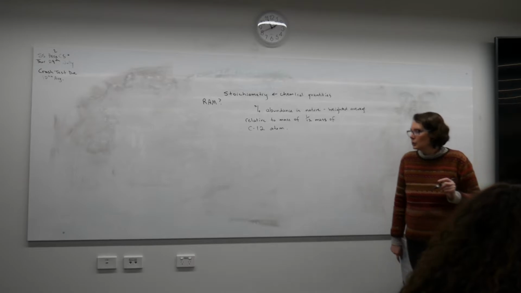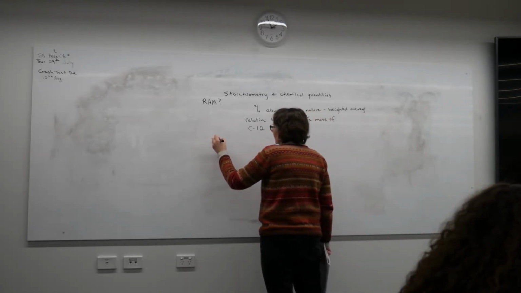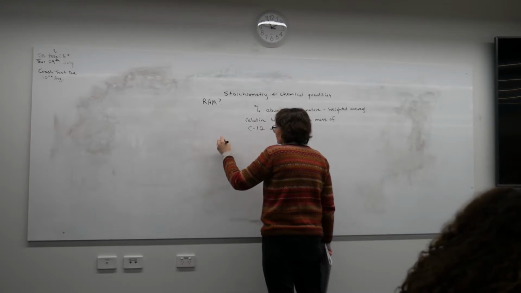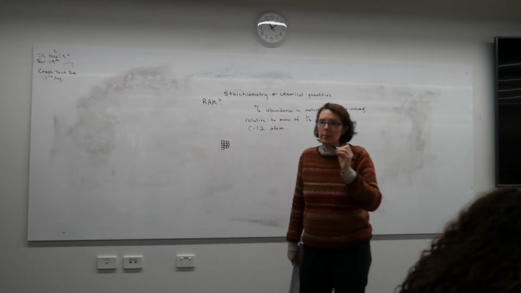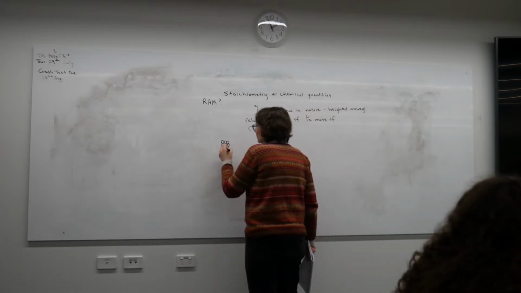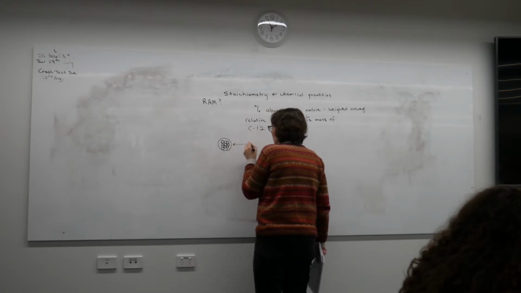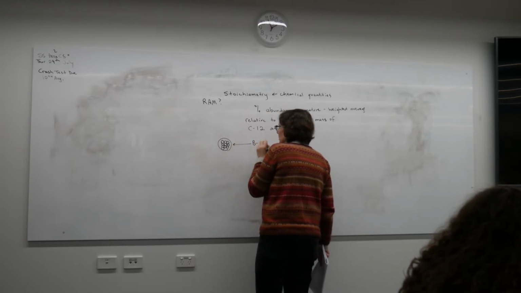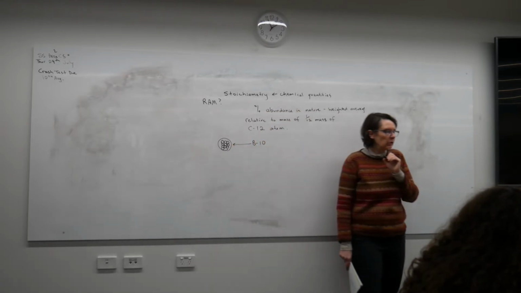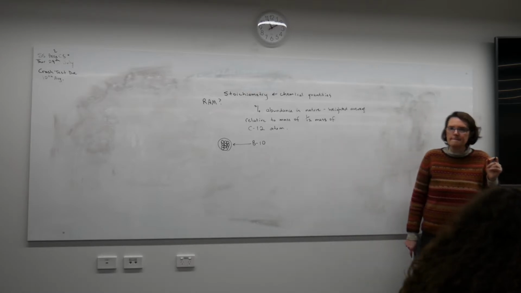Now, if I have just one atom, and I think about this as my nucleus, this could be boron 10, because I've got 10 protons and neutrons in the nucleus.